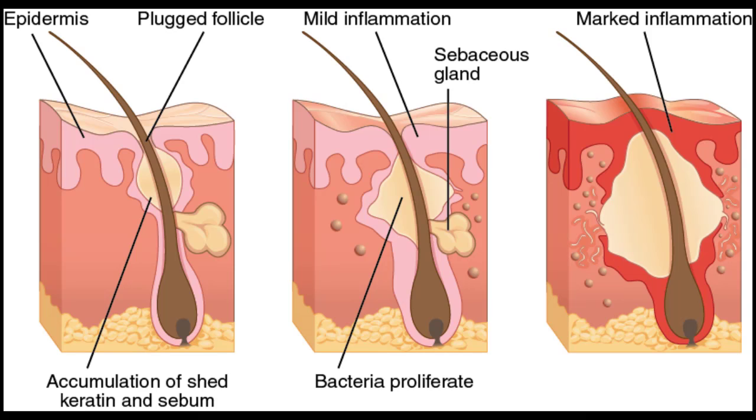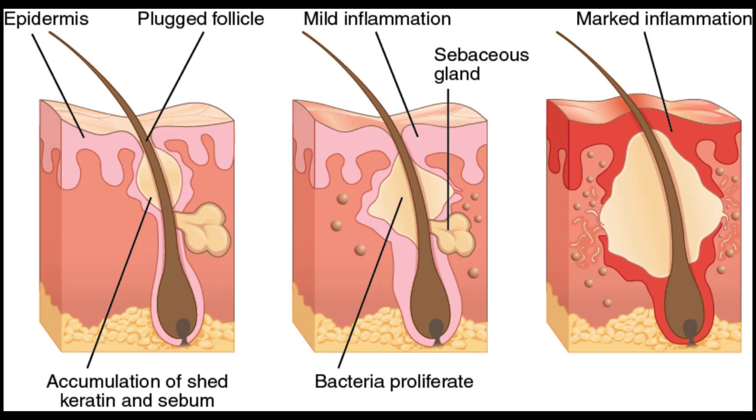Acne is a skin disturbance that typically occurs on areas of the skin that are rich in sebaceous glands, like the face and back, and it is most common along with the onset of puberty due to associated hormonal changes, but can also occur in infants and continue into adulthood.